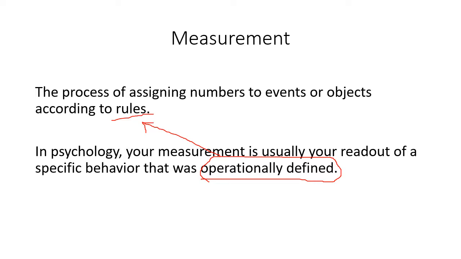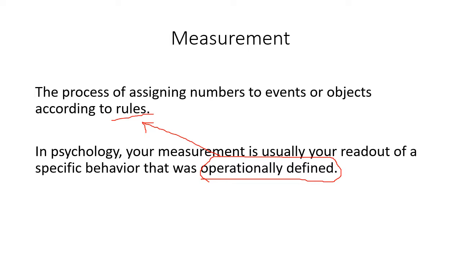So for instance, you are interested in knowing children that have violent, acting out, aggressive behavior. How are you going to define acting out? Well, you might define acting out as something like pouting, or something like biting someone or yelling at someone.